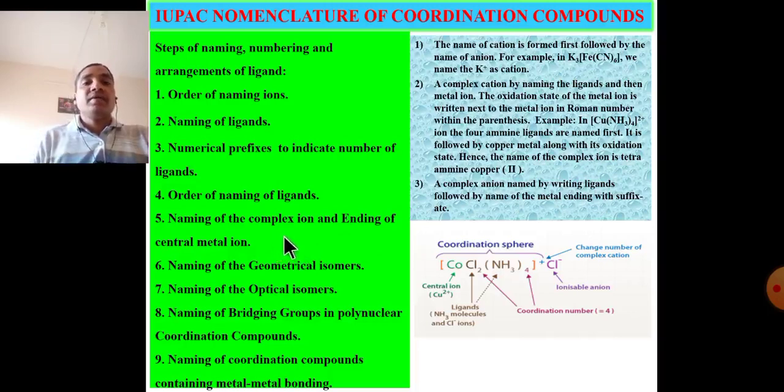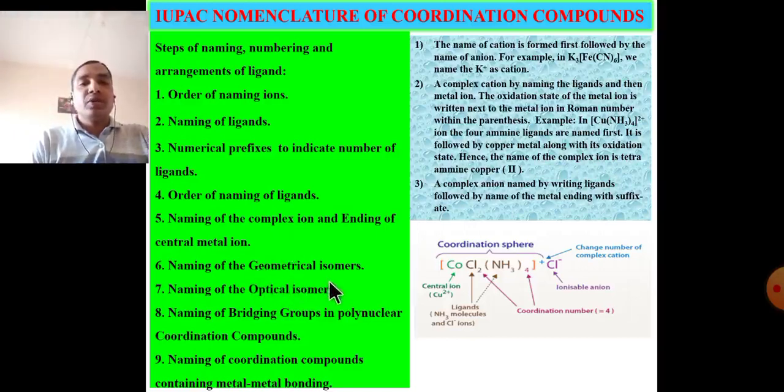For a negative complex, the metal atom is named with the suffix ate. For example, the negative complex of copper is named cuprate. Similarly, if the complex is positive, there is no change in the metal name.